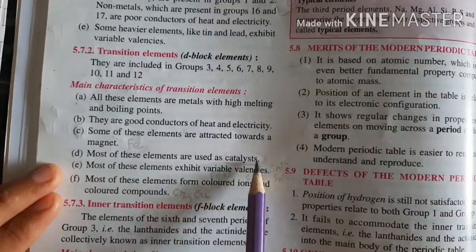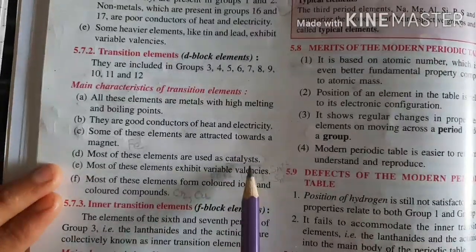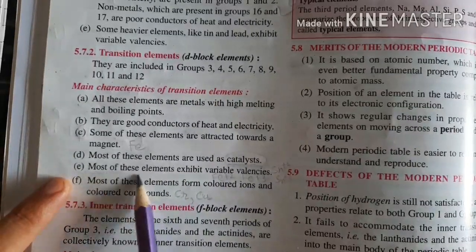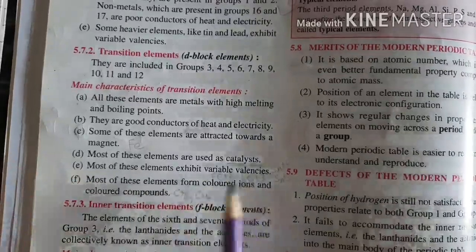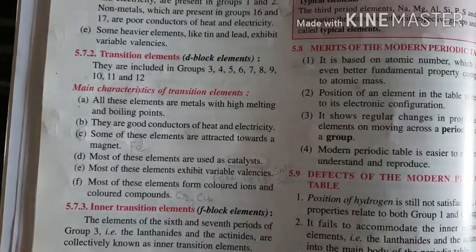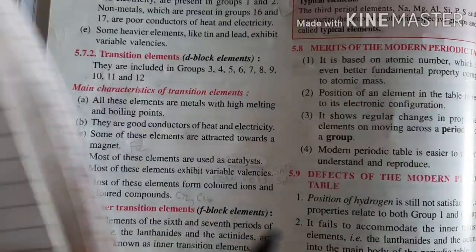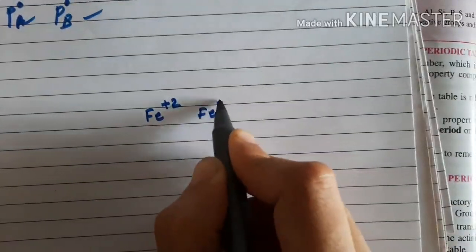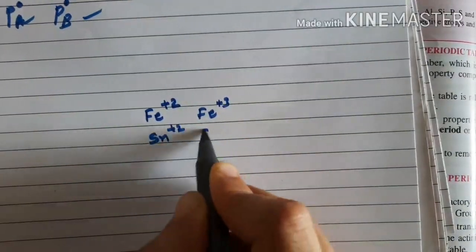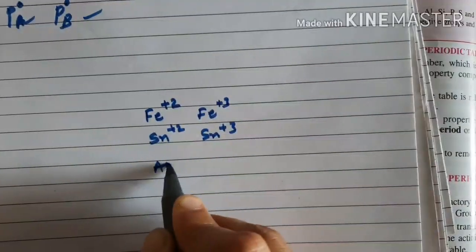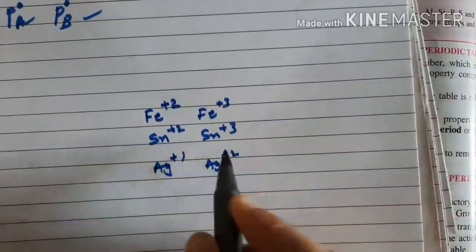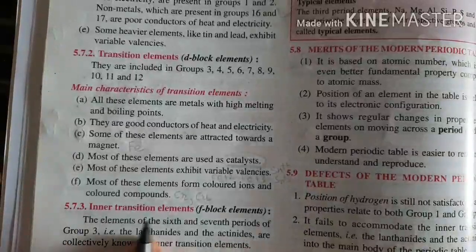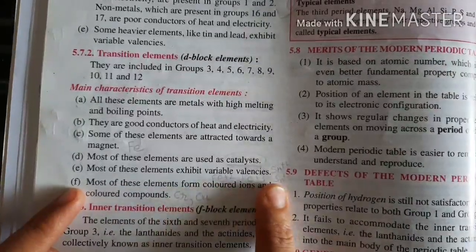So the elements of this group are mostly used as catalysts. Next, most of these elements exhibit variable valency, which means two or more than two valencies, like Fe plus 2, Fe plus 3, Sn plus 2, Sn plus 3, Ag plus 1, Ag plus 2. So most of these elements exhibit variable valencies.